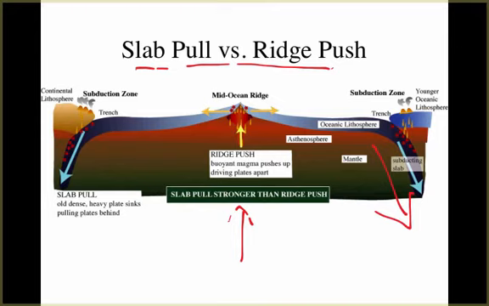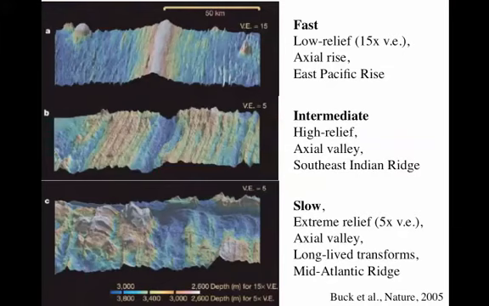Some would argue that ridge push is important, others argue slab pull, but the slab pull must be an important driving force. We'll continue the comparison and look at topography along the ridge axis.